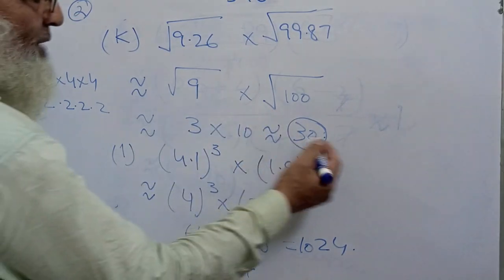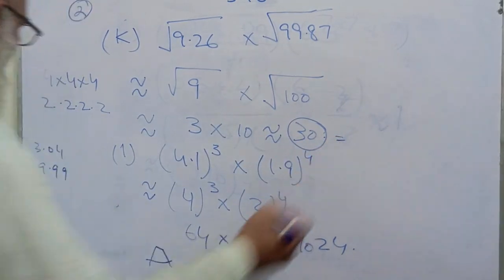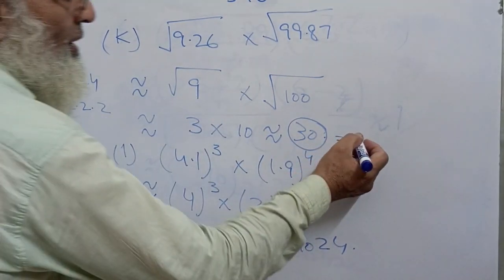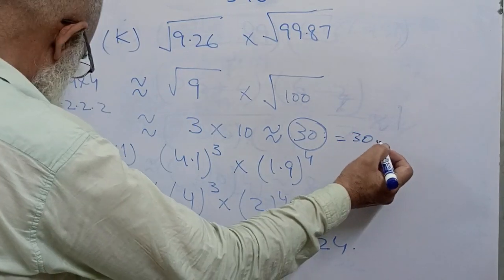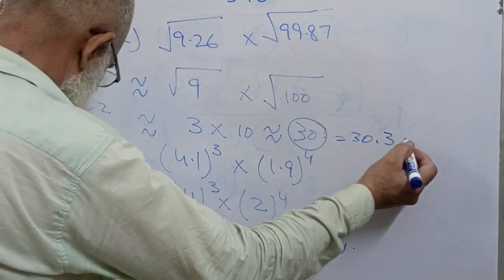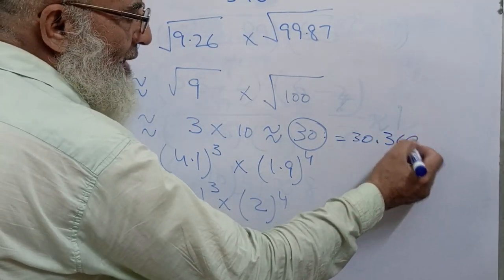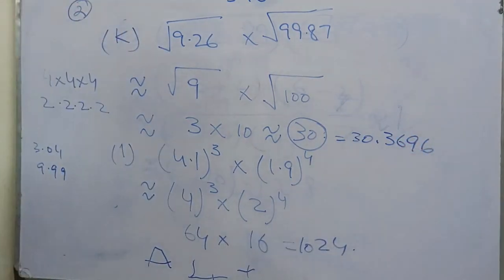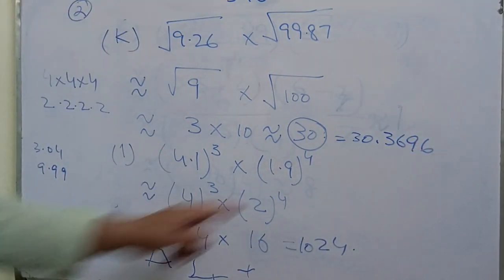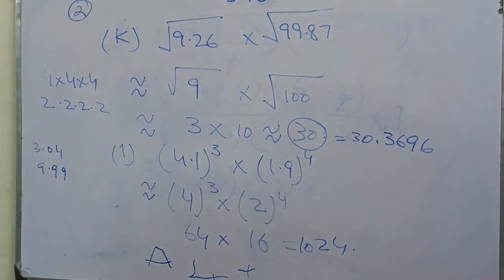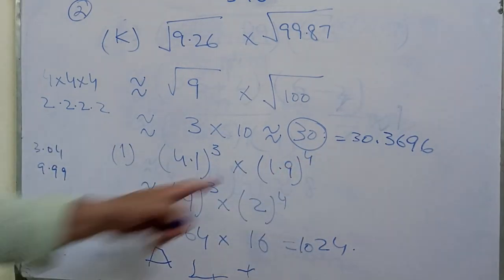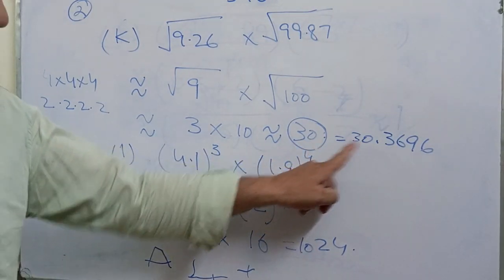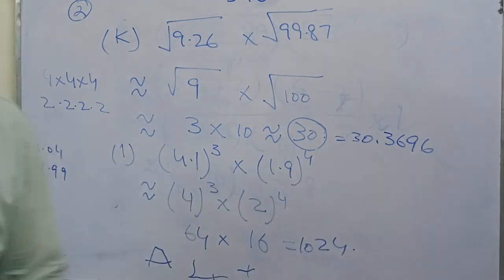Now the real answer for this question is 30.3696. So you see that there is not much difference between the two answers. Now this is 30. Now this is 30.3696.